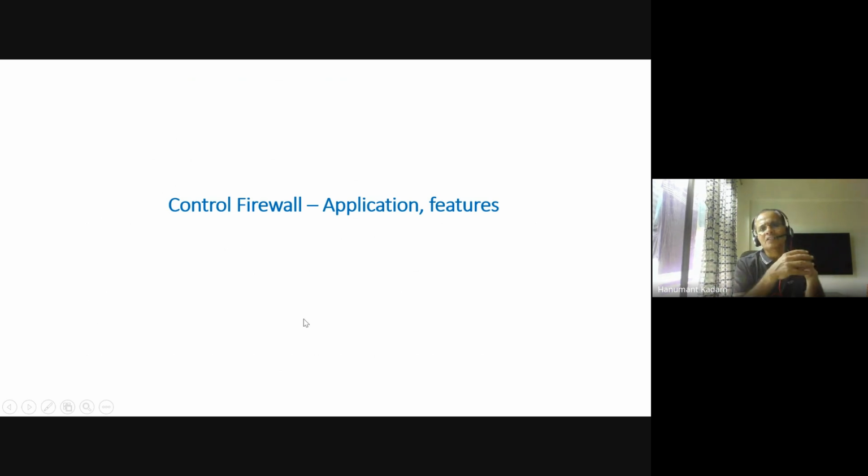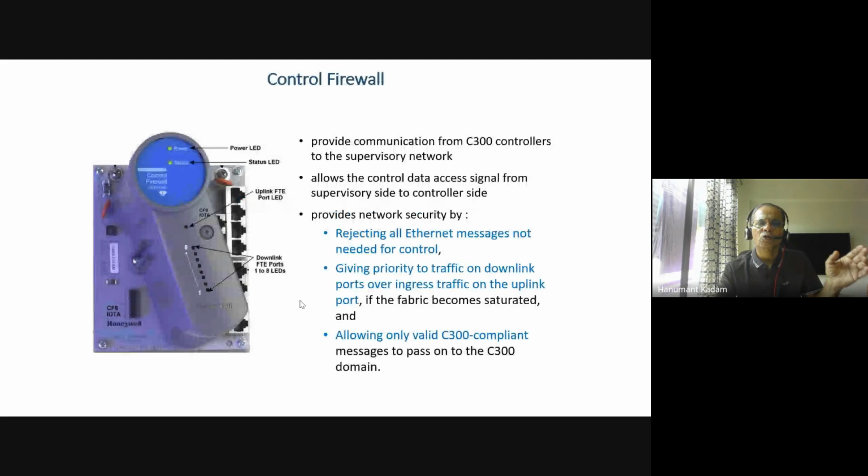The second important device is the control firewall. This is the hardware, again installed on this plane, where you can see the power LEDs, status LEDs, the uplink FT port LED, and the downlink FT port, downlink meaning how many controllers, nodes are there.